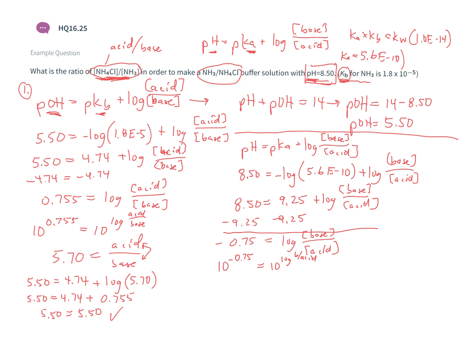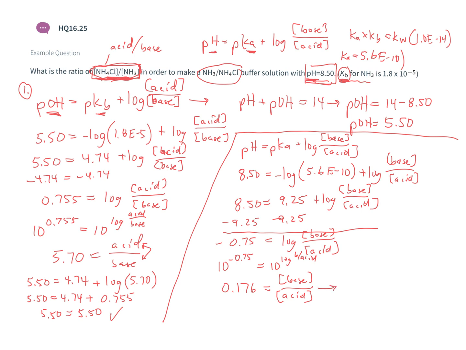So 10 to the negative 0.75 gives me about 0.176, and that equals the concentration of my base over the concentration of my acid. If you did it this way, and I understand why you would do it this way because they gave you pH, you've found the inverse of what they're asking, because they're asking for the ratio of ammonium chloride to ammonia, and that's acid over base. We found base over acid.